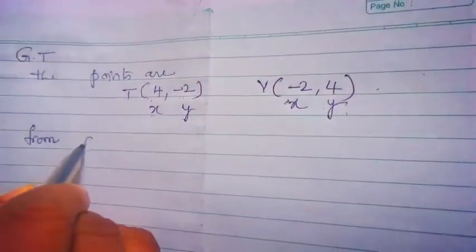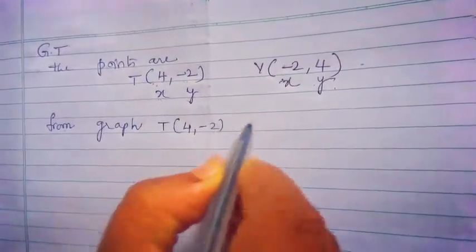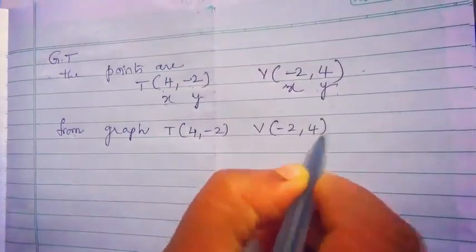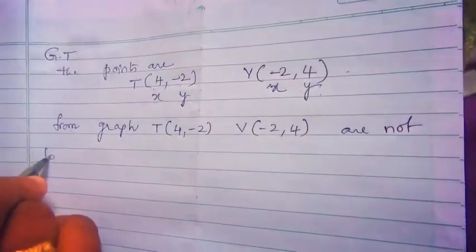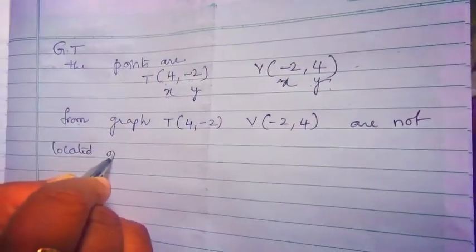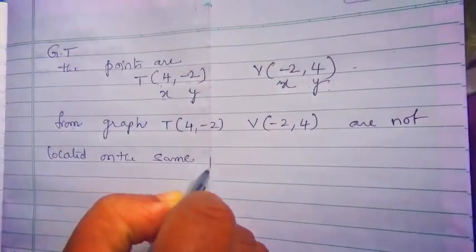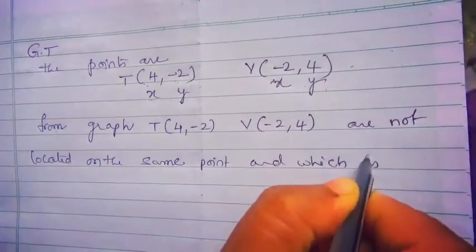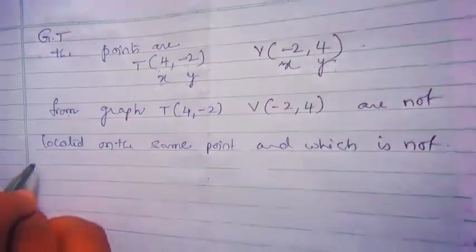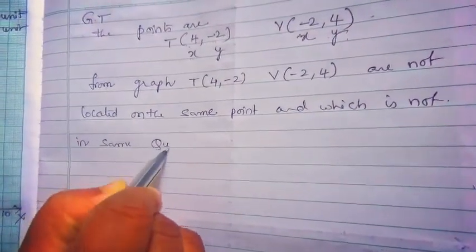So from the graph, T 4 comma minus 2 and V minus 2 comma 4 are not located at the same point, and are not in the same quadrant.